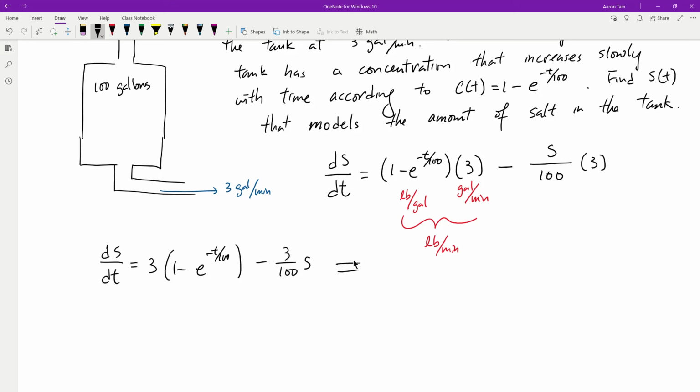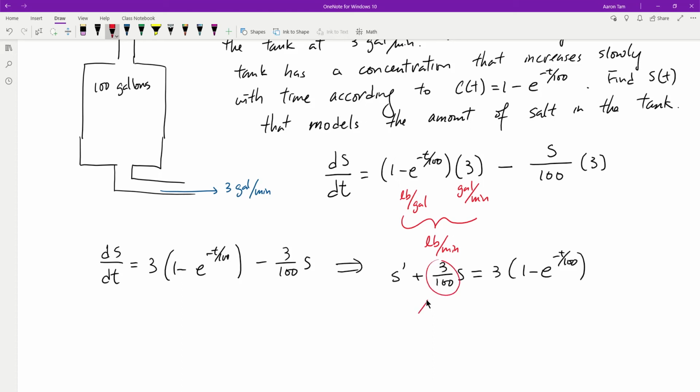Therefore, I'm going to write it this way: s prime, which is ds over dt, plus 3 over 100 s equals 3 times 1 minus e to the negative t over 100. So now I have it in what we call normalized form.